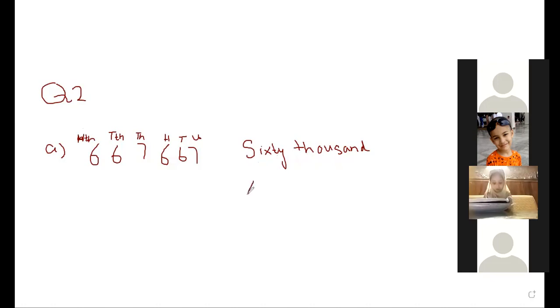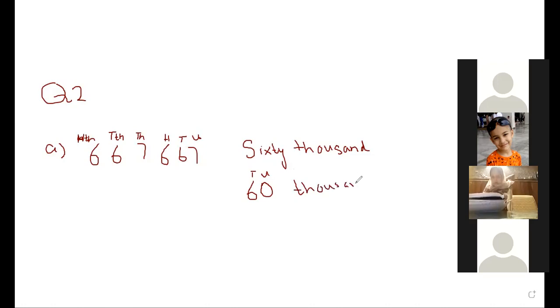60 means that we have tens. So this one is unit and this one is tens. If I read the place of this 6, it is only 60. But I need 60,000.